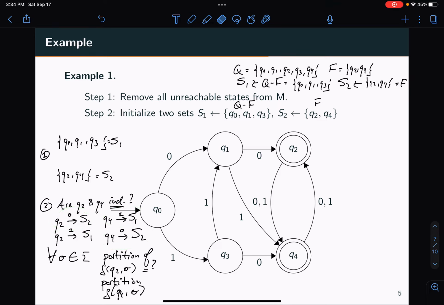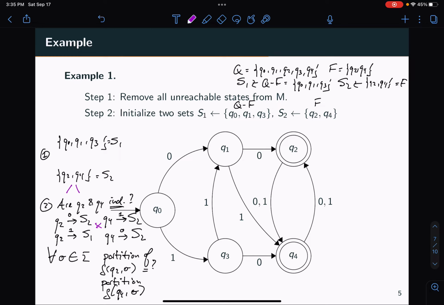What's not okay is if I cross for a given symbol. So if I had S1 here and then S2 here, that would have been no good, and I would have had to split my partition, okay? All right, and so then I just redo the same exercise for every pair.